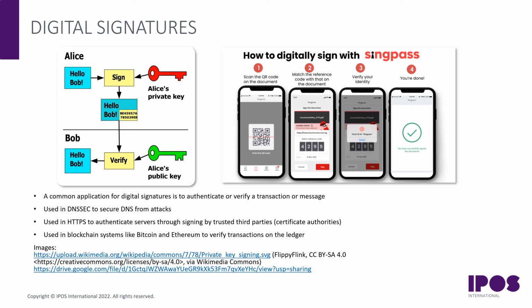And of course, we see an example here in the slide, which is to sign documents through the SingPass app. One could append one's signature to authorize certain transactions or documents that one might require, for example, to verify one's identity.